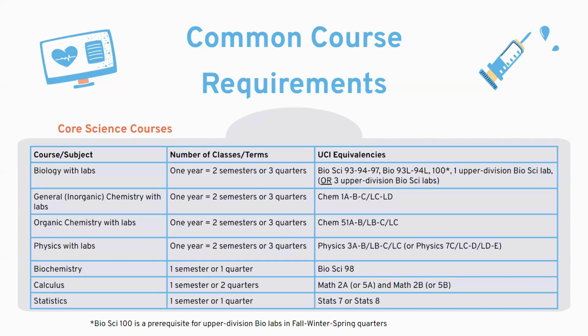If you didn't take Bio 93L and 94L because you entered UCI before fall of 2003, you can take 3 upper division bio labs to complete that same requirement here.